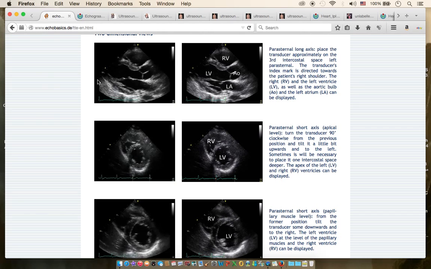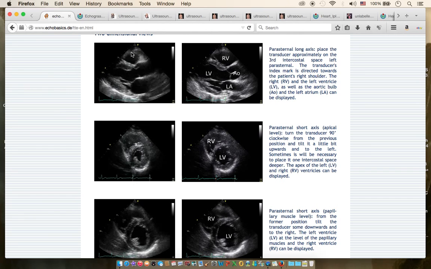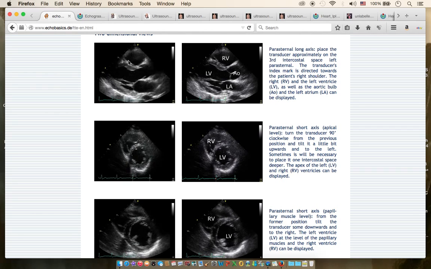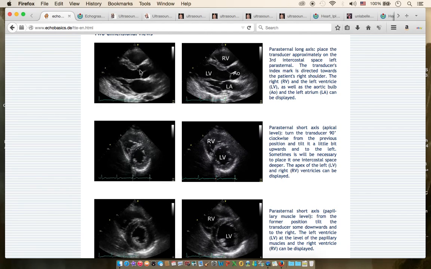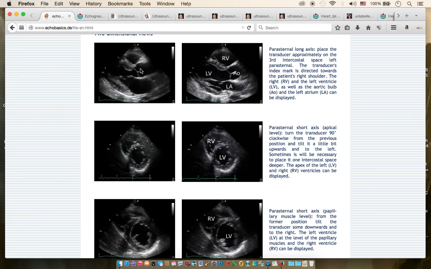This is a real picture of the parasternal longitudinal axis, and as I said to you, everything here is moving. Again, this is the anterior wall of the right ventricle, this is the right ventricular cavity, and this is the interventricular septum. This is the right coronary cusp, which is the upper cusp, and the lower aortic cusp is the non-coronary cusp.